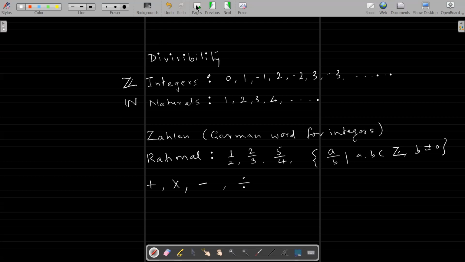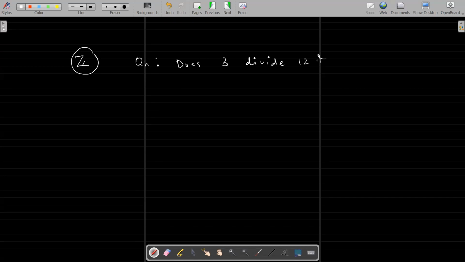So for example, we are working in the set of integers, Z, and I'll ask you some questions. You can write the answer in the chat box if you want. Does 3 divide 12? What do you say, yes or no? You have to justify why that is so.